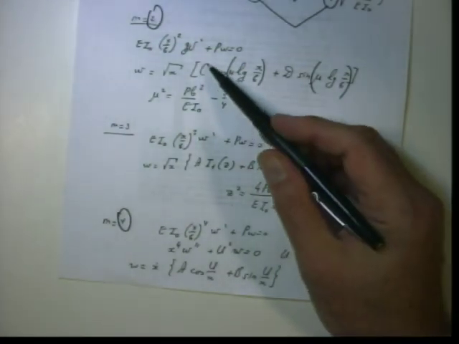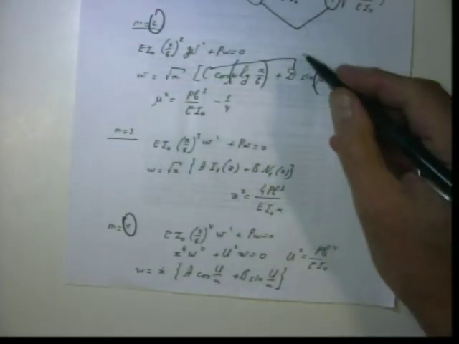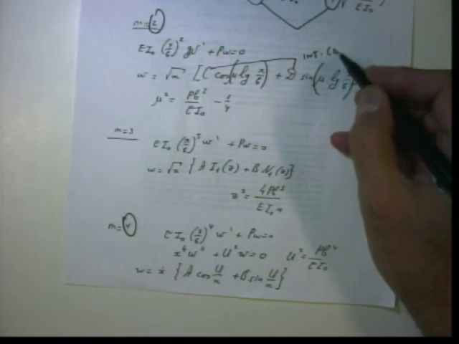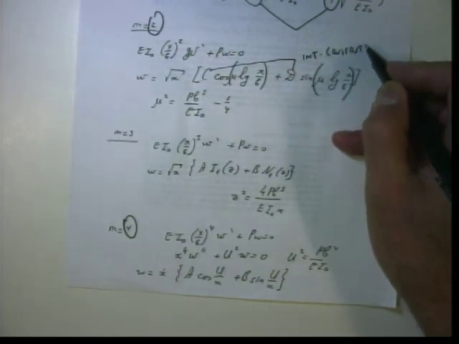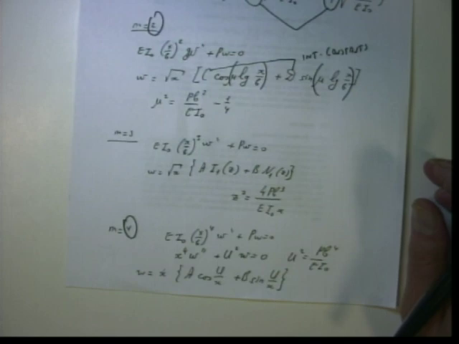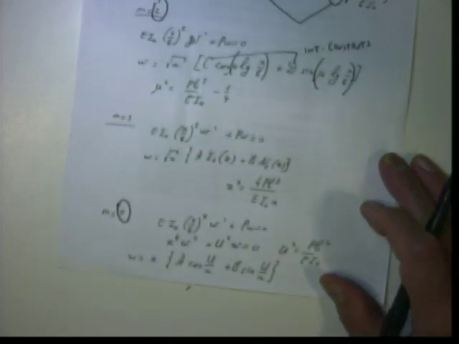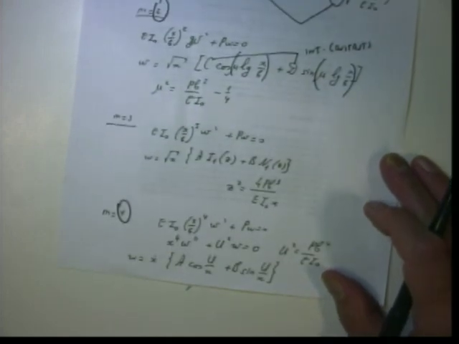So C and D are constants of integration. I just bring you m equals 1, 2, 3, 4, and that is it.